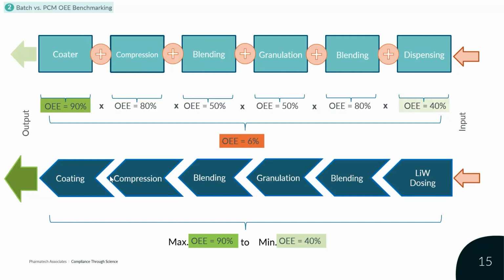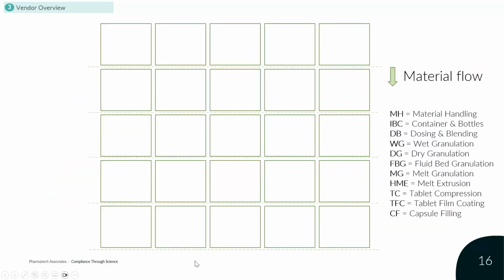And with this, you can create a higher productivity. And I think this is one of the key parts of why and where the benefit of continuous manufacturing is to be expected. Of course, it is how you operate the equipment, but it's also how you design and bring the pieces together. And this is, of course, the main topic of this presentation.